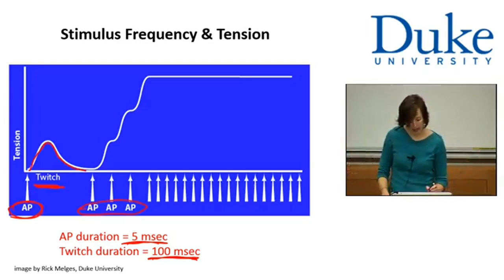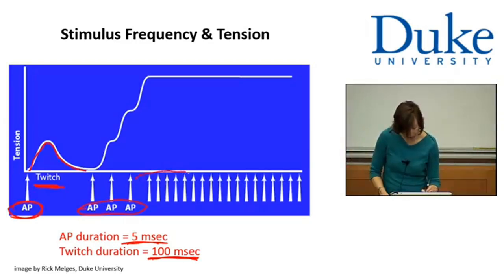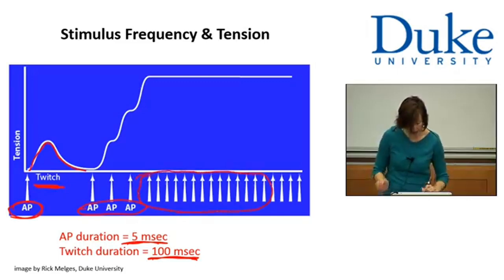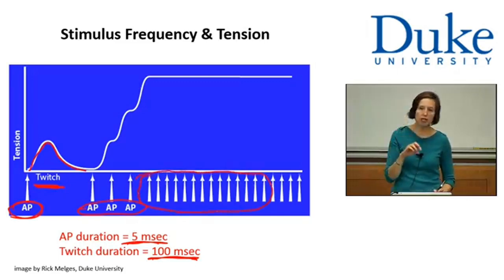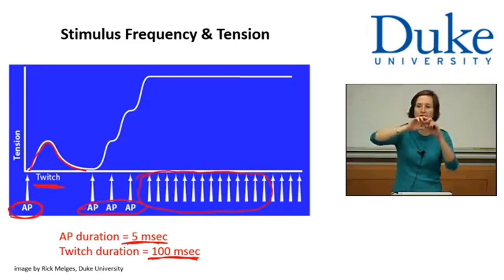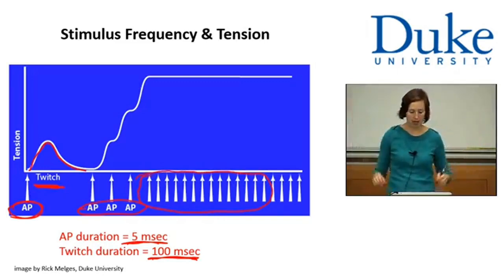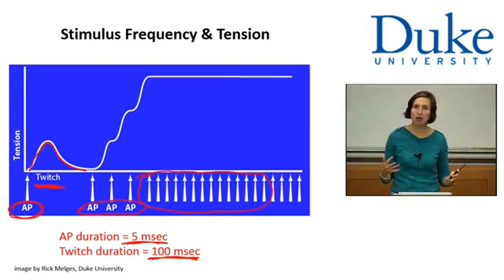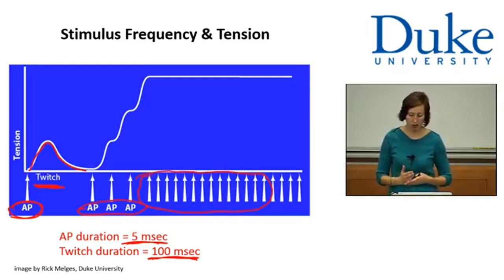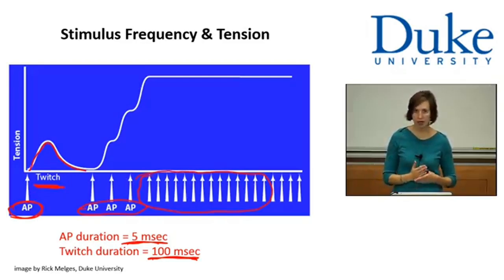And then we can continue to have very frequent action potentials, as we do on the right-hand side of this graph, so that we reach what we call tetanus, which is maximal contraction that is somewhat sustained. This can be accomplished in skeletal muscle because the action potential duration is so short in relation to the twitch duration, and this is going to be a big difference between skeletal muscle and cardiac muscle, and Dr. Jacoy will be telling you more about that very soon.